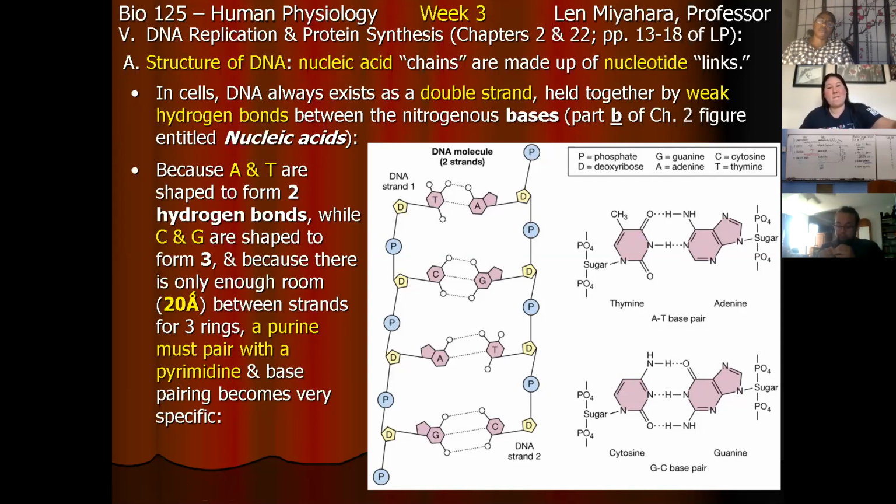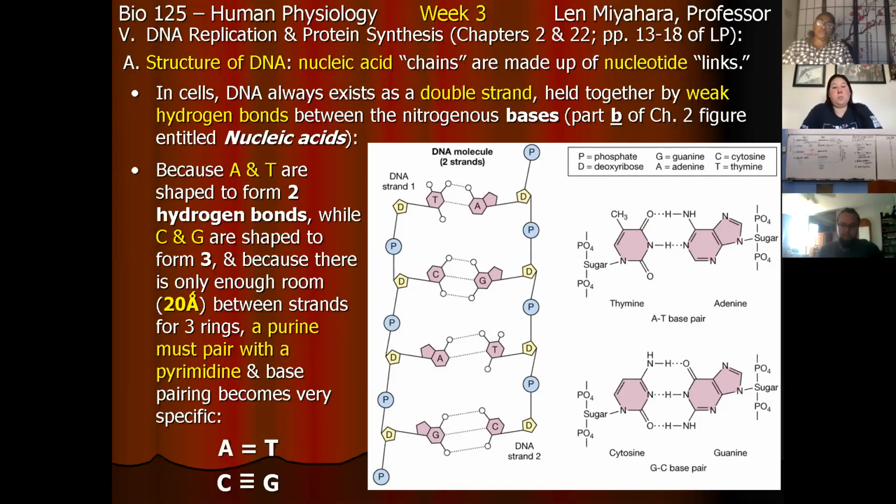Now if you think like a carpenter, you've got a big board and a small board to build the steps. One big board has 2 bolts. One small board has 2 bolt holes. The other big board has 3 bolts. The other small board has 3 bolt holes. And this is why the base pairing is highly, highly ordered and specific.